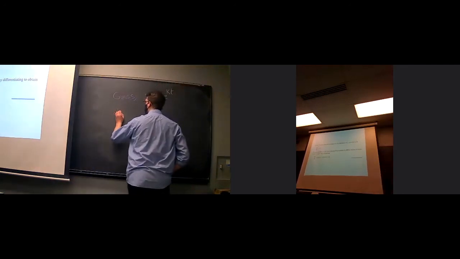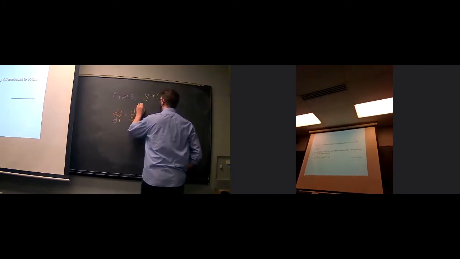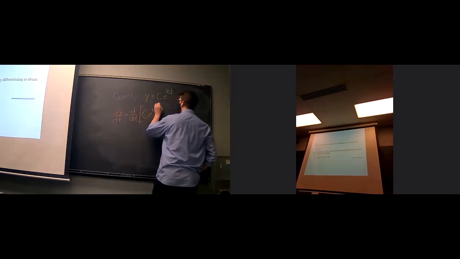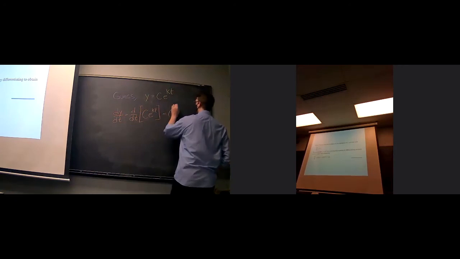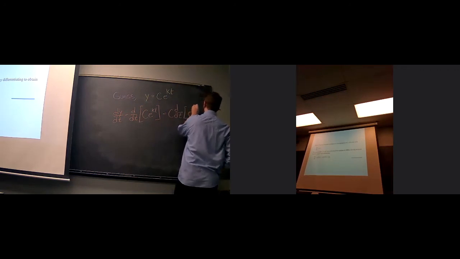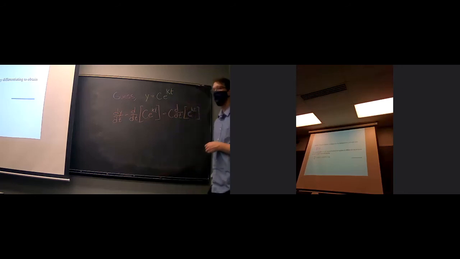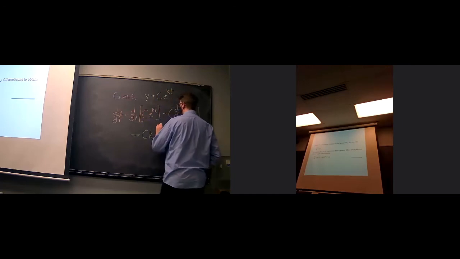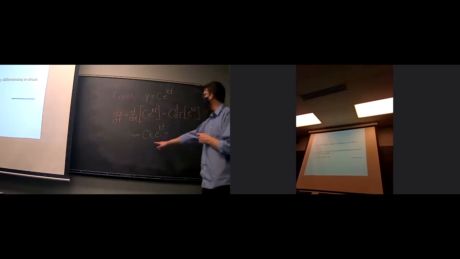We're going to take dy dt. Now evaluating the derivative on e to the kt, we're going to get c times k e to the kt. Well, hey, we can rewrite all of this, right?